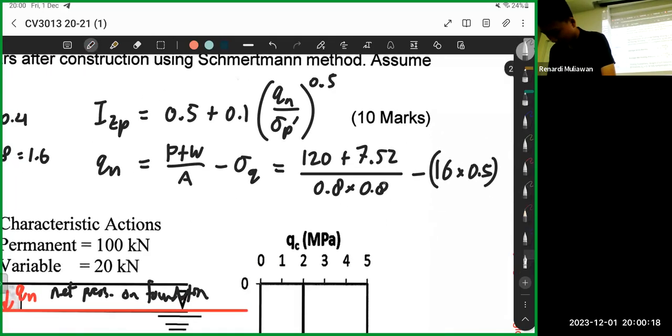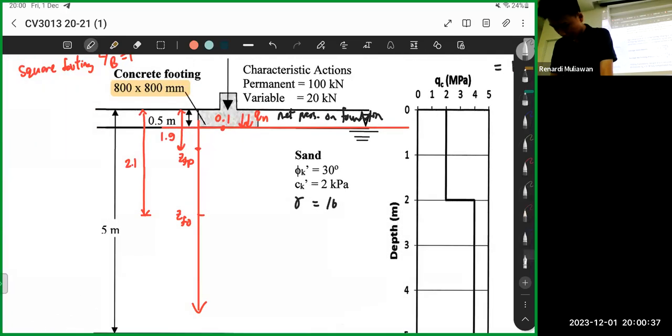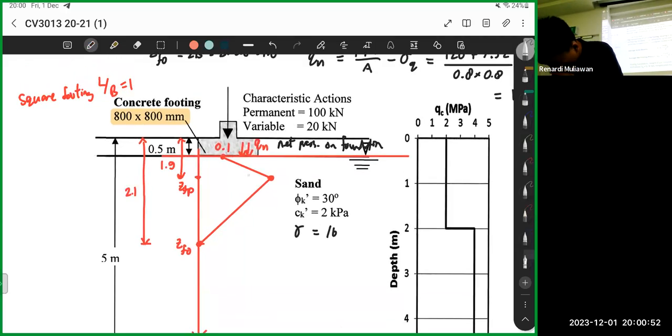So in this case, Qn is 191, okay. Then sigma, I'll just draw first. This one is your Sherman chart.